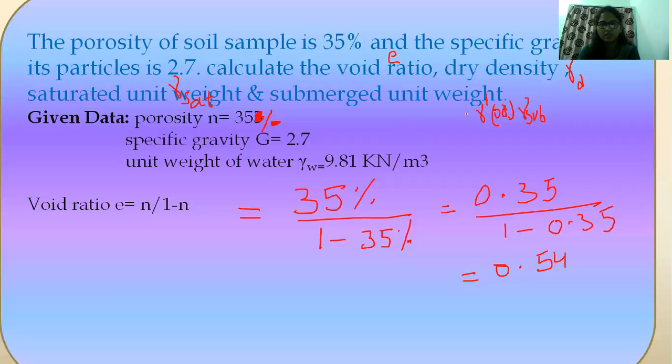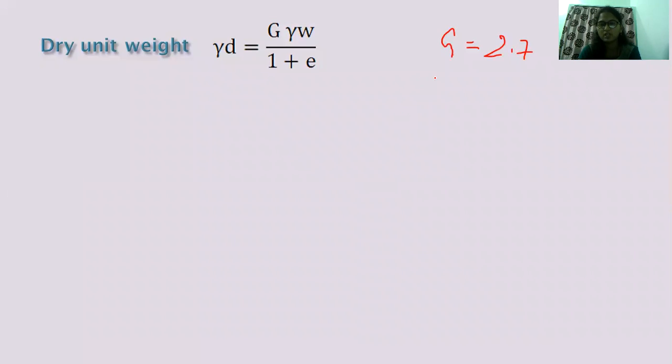It is given in this problem: unit weight of water gamma w is equal to 9.81 kilonewton per meter cube. Otherwise, you can directly take 9.81 kilonewton per meter cube.